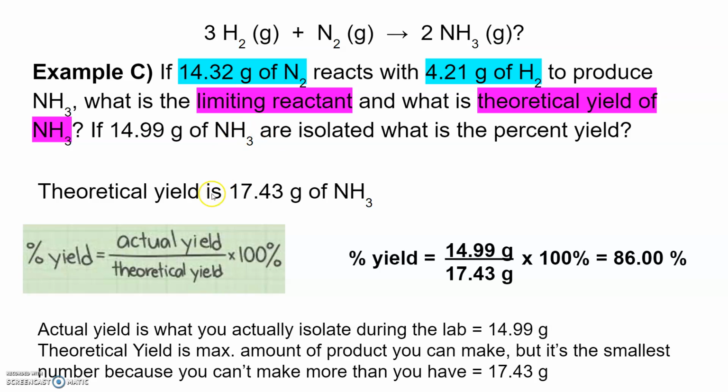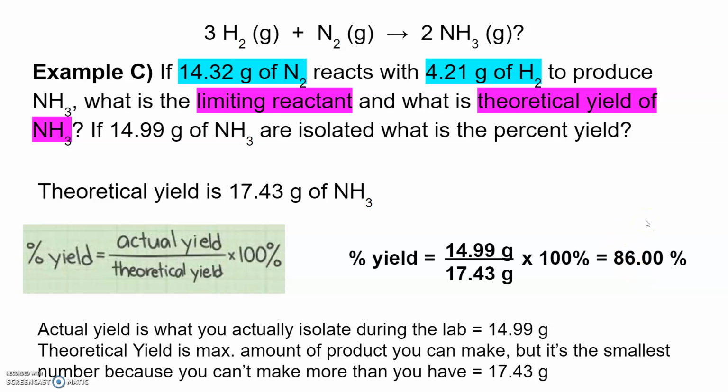In order to calculate that, you take your actual, which in this case is 14.99 grams, divided by the theoretical, which is what you determined previously, 17.43 grams. You divide 14.99 by 17.43 and then multiply it by 100 to turn it into a percent. In this example, if you isolated 14.99 grams, your percent yield is 86%. So it's like the reaction was 86% successful.